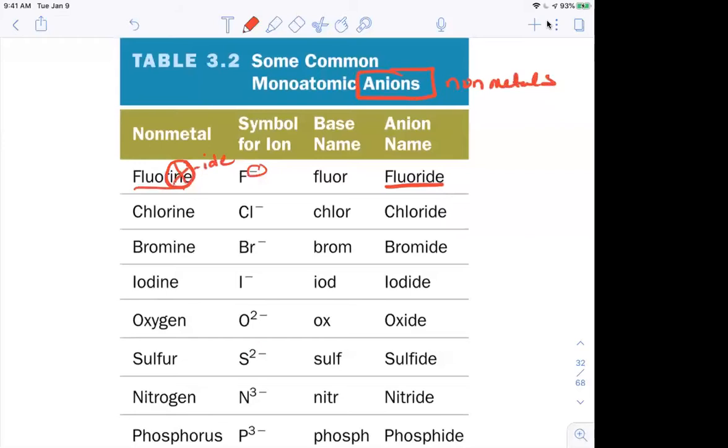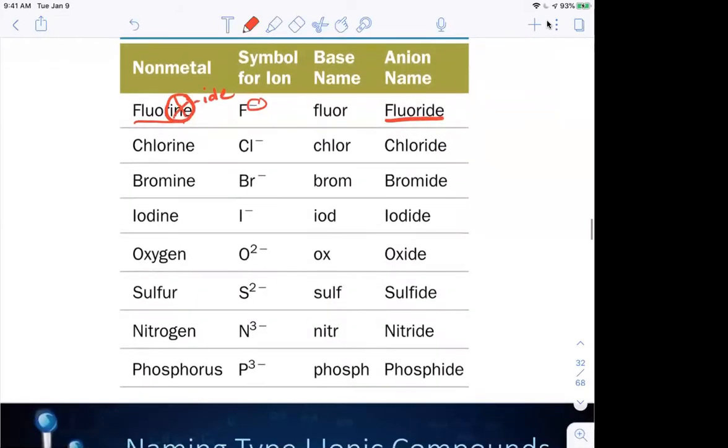Bromine, Br minus, goes to bromide. The charges don't matter. If I make a sulfur 2- charge, it's called sulfide. Oxygen 2- is oxide. So I'm going to use the root. Nitrogen 3- is nitride.